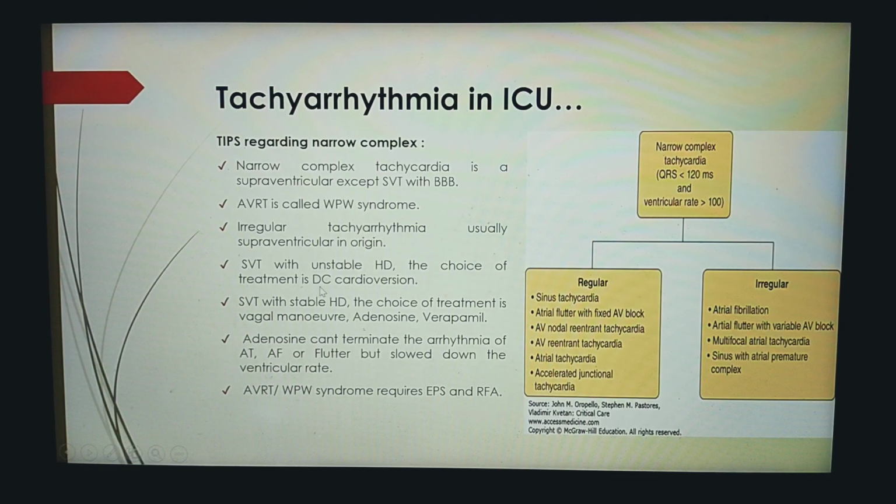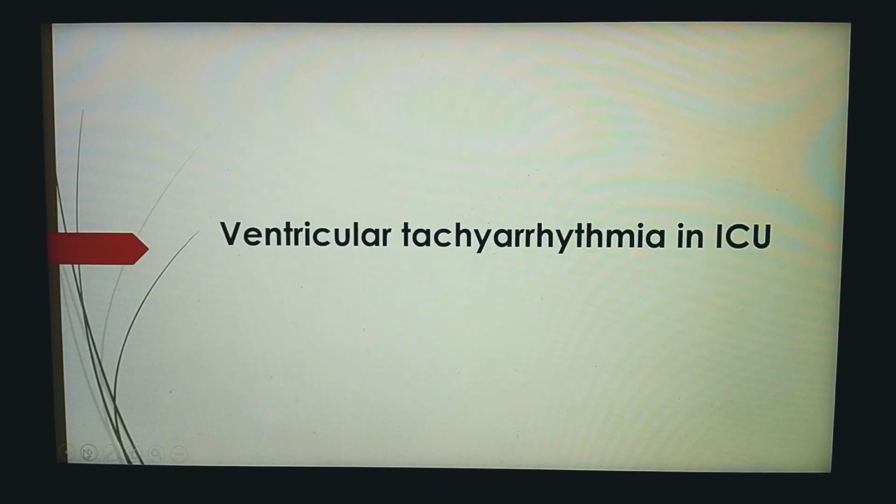If supraventricular tachycardia, we should check for response to vagal maneuver or adenosine. If no response, then we should go for others like amiodarone, and also check whether it is actually ventricular tachycardia, if it is confused with ventricular tachycardia. And if it is WPW syndrome, that may require electrophysiological study and radiofrequency ablation.